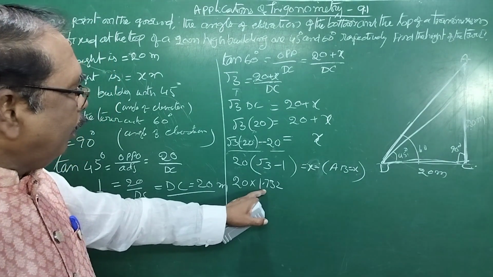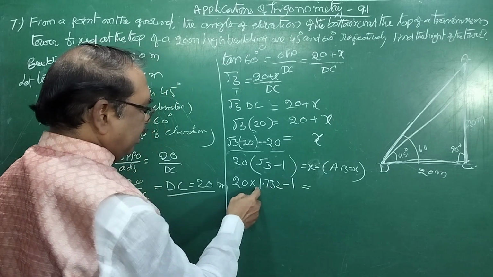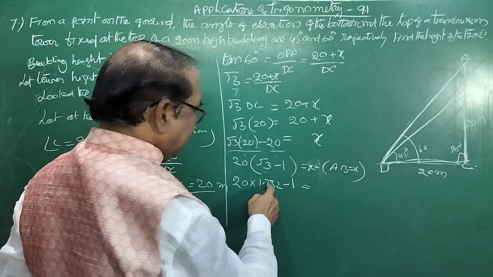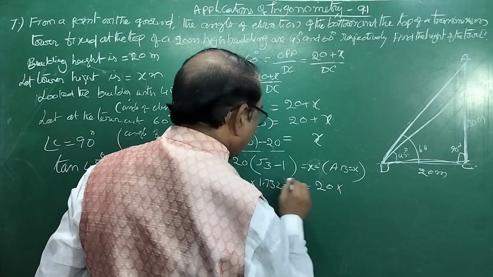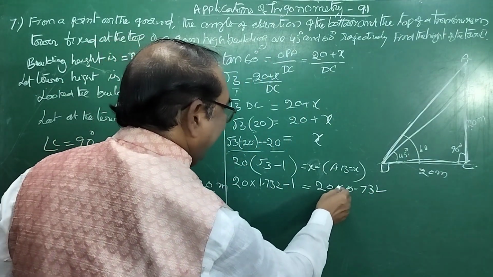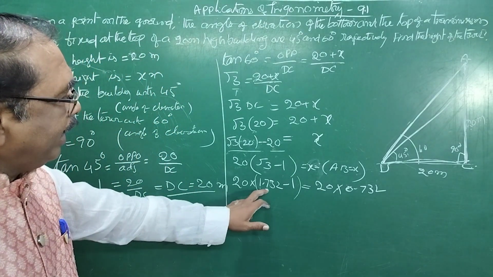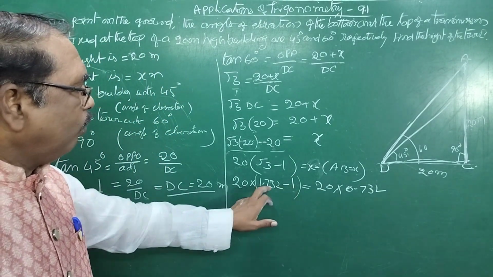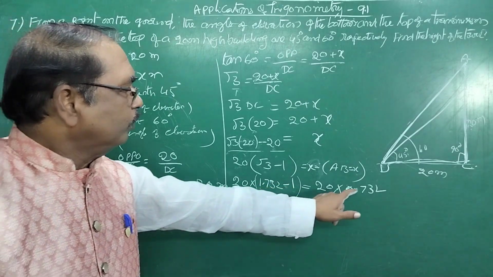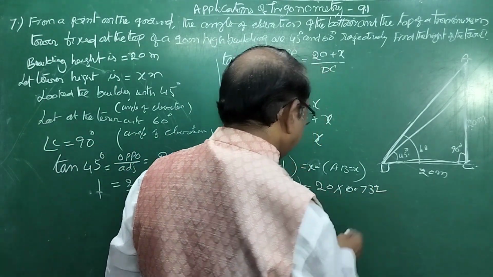Root 3 value is roughly 1.732. 1.732 minus 1 leaves 0.732.